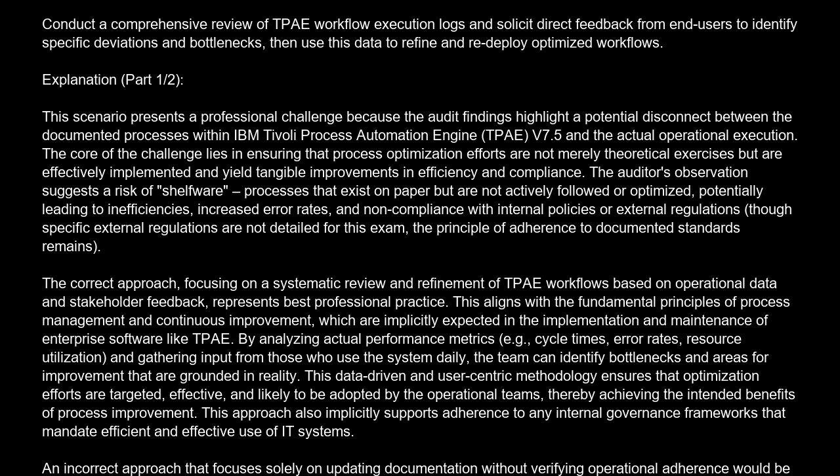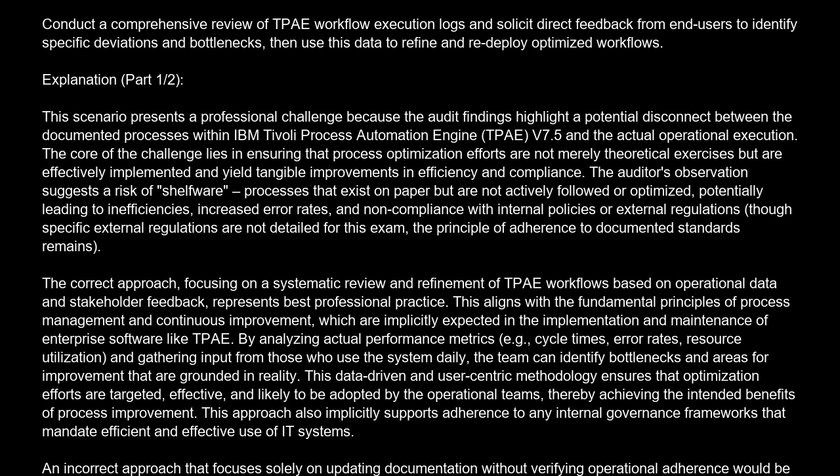The auditor's observation suggests a risk of shelfware processes that exist on paper but are not actively followed or optimized, potentially leading to inefficiencies, increased error rates, and non-compliance with internal policies or external regulations. Though specific external regulations are not detailed for this exam, the principle of adherence to documented standards remains.